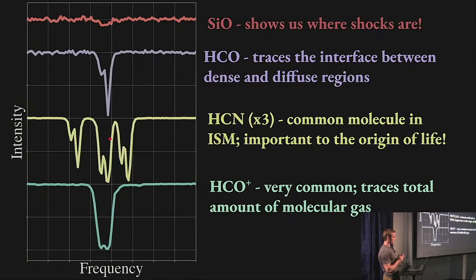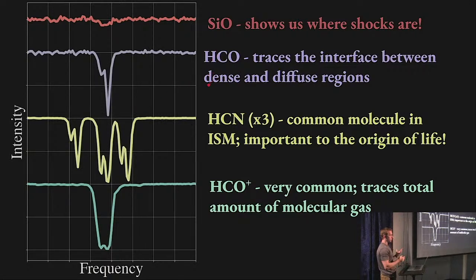One of many interesting things about this molecule is that it's thought to be one of the most important molecules in the origin of life. So its chemistry probably helped form the molecular precursors to living cells on Earth. And we're finding that it's very common out there in space. Then there's HCO.